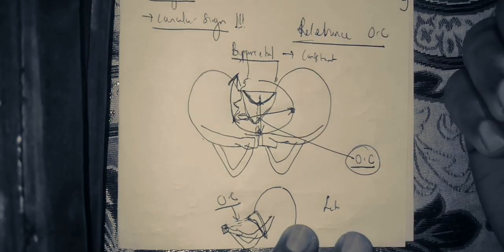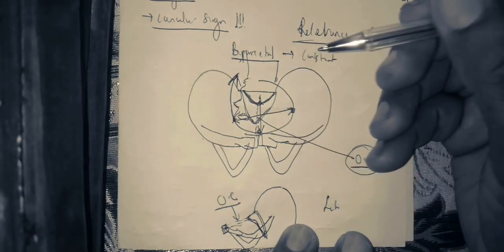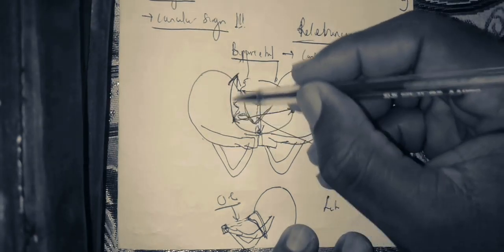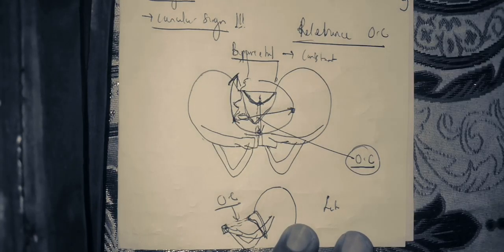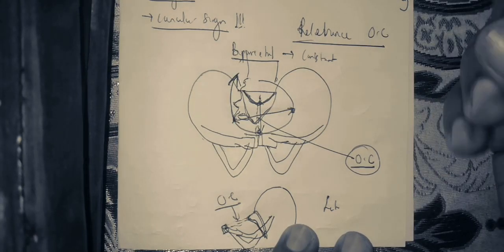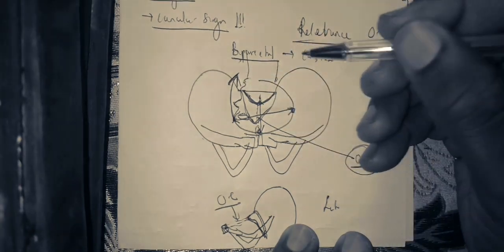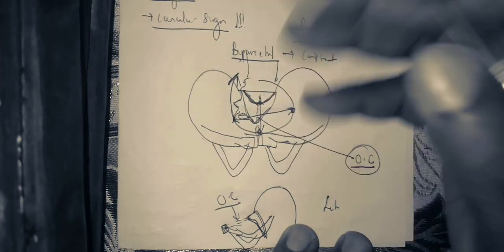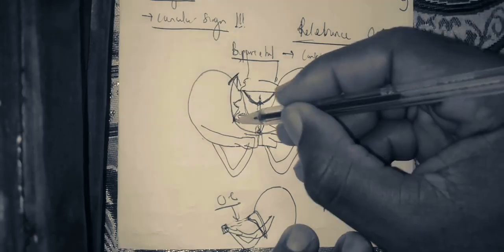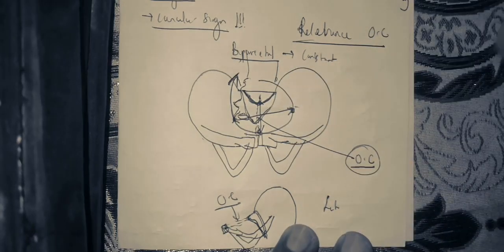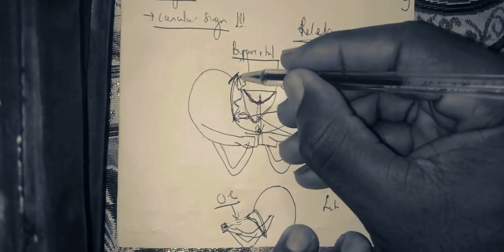So it's going to change. That's why we don't usually take much consideration of the anteroposterior diameter when you have a cephalic, a vertex presentation, because it's going to flex.